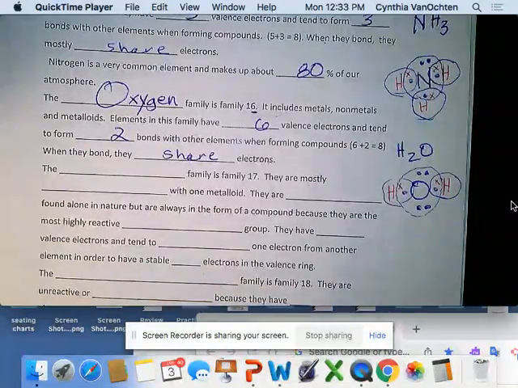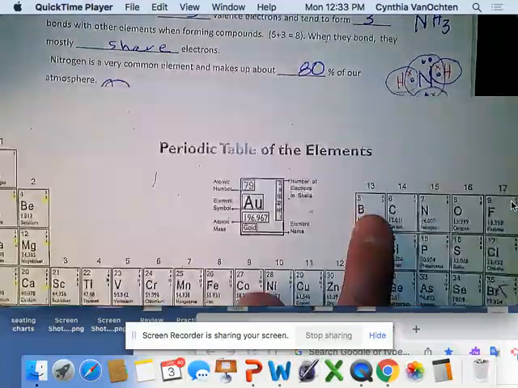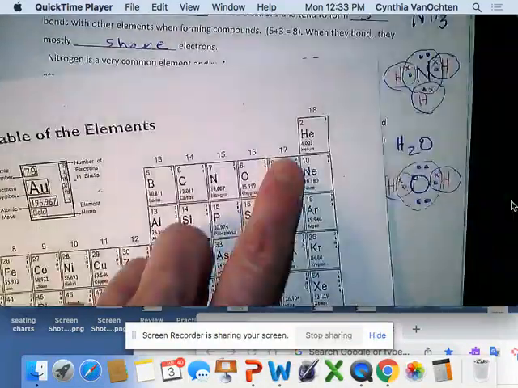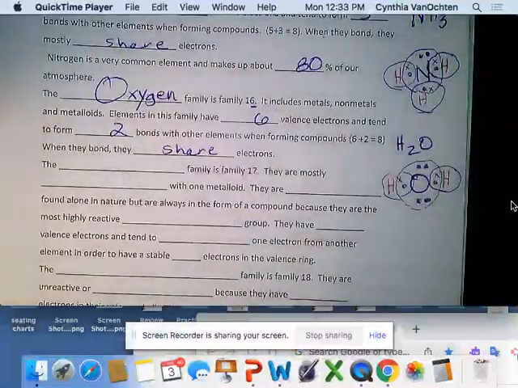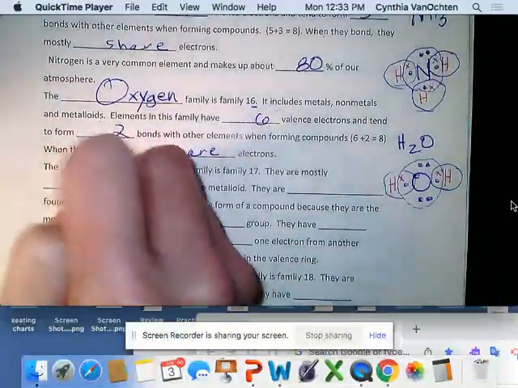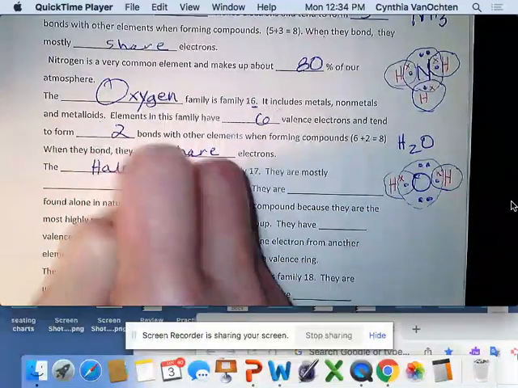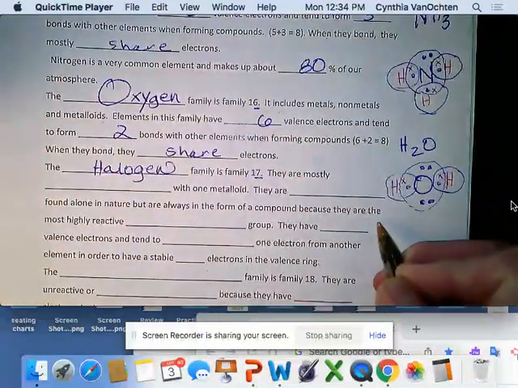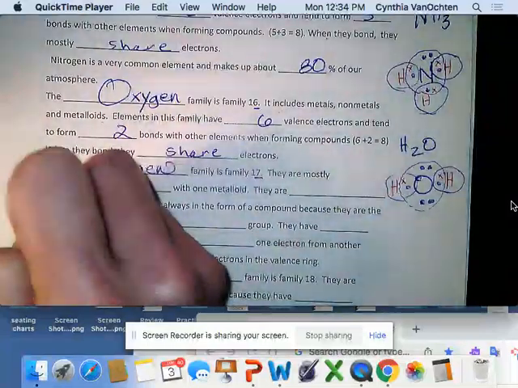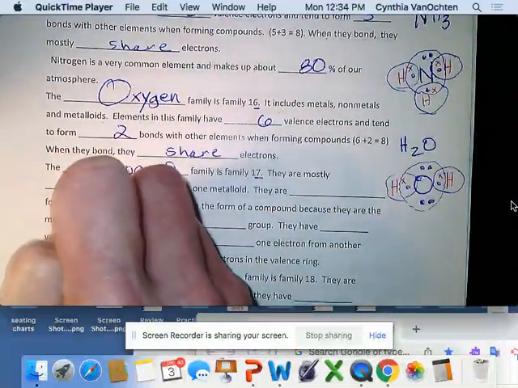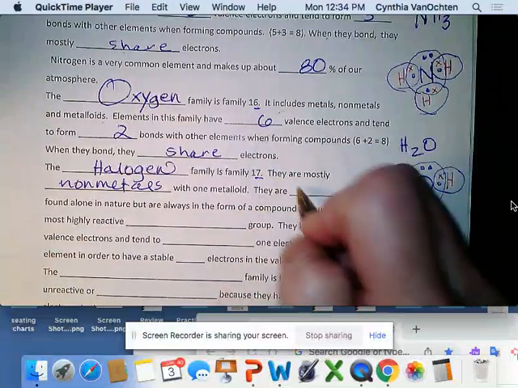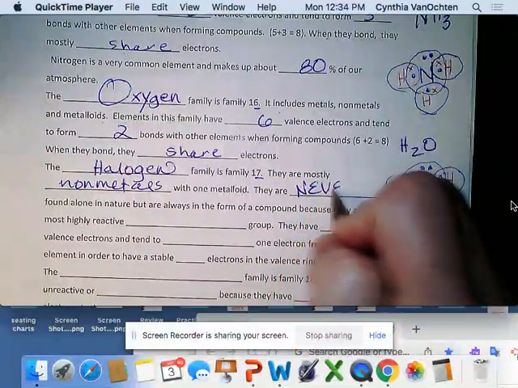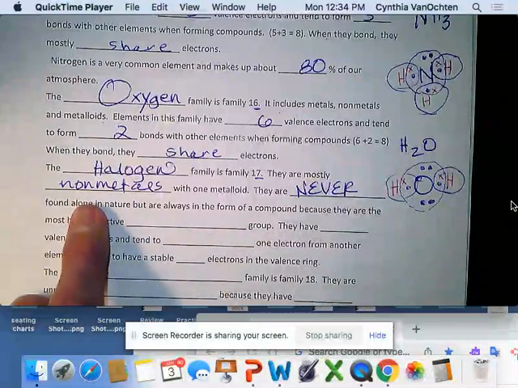Now, just like the first 1, 2, and 3 give up electrons, this one will steal an electron to go from 7 to 8. It doesn't share. So the halogen family is family 17. They are mostly nonmetals, with the exception of 1 metalloid. They are never, just like families 1 and 2, found alone in nature.